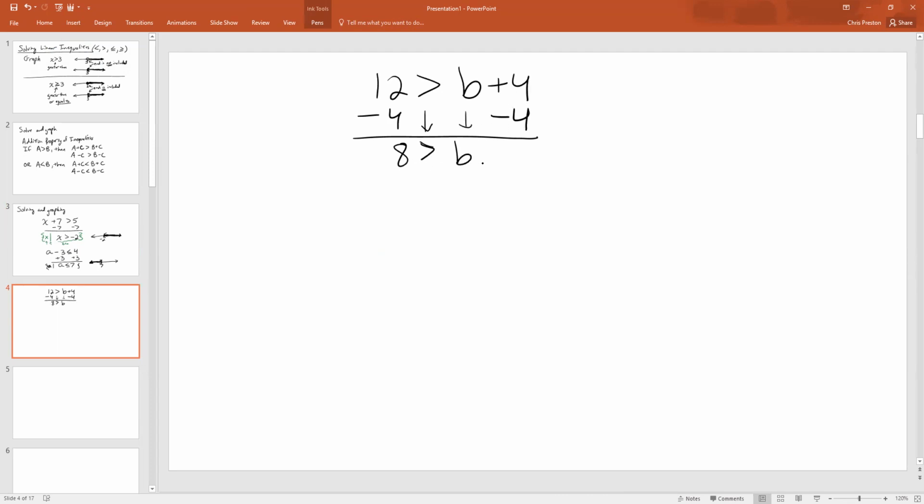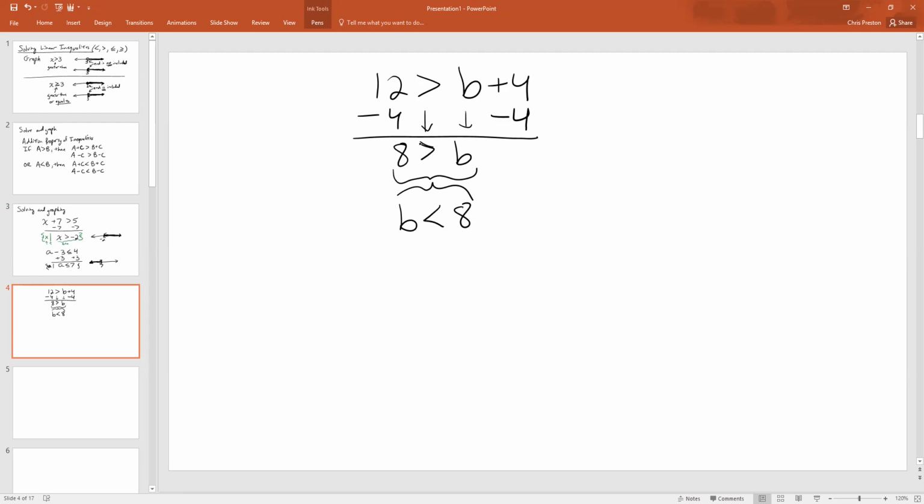Now, as it's written, you would read this as 8 is greater than B. That's not really how you want to look at these. Instead of saying 8 is greater than B, we want to say B is less than 8. We want to flip it around and put our variable on the left-hand side.